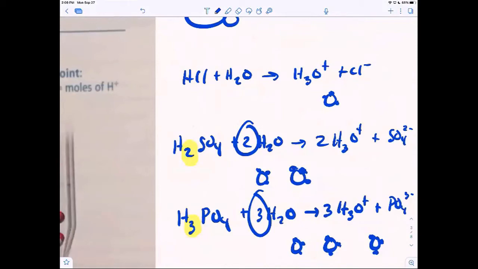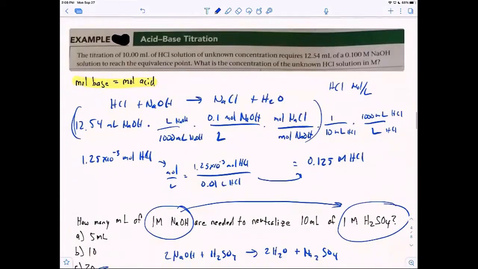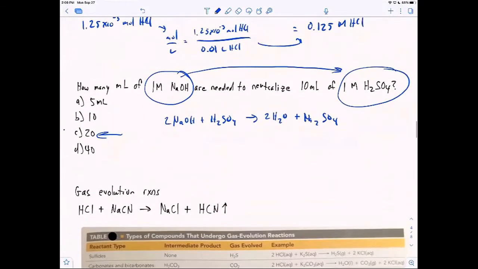Okay. Go back to the question I proposed. How many milliliters of 1 molar sodium hydroxide are needed to neutralize 10 milliliters of 1 molar H2SO4? I was trying to be sneaky because that's ugly.